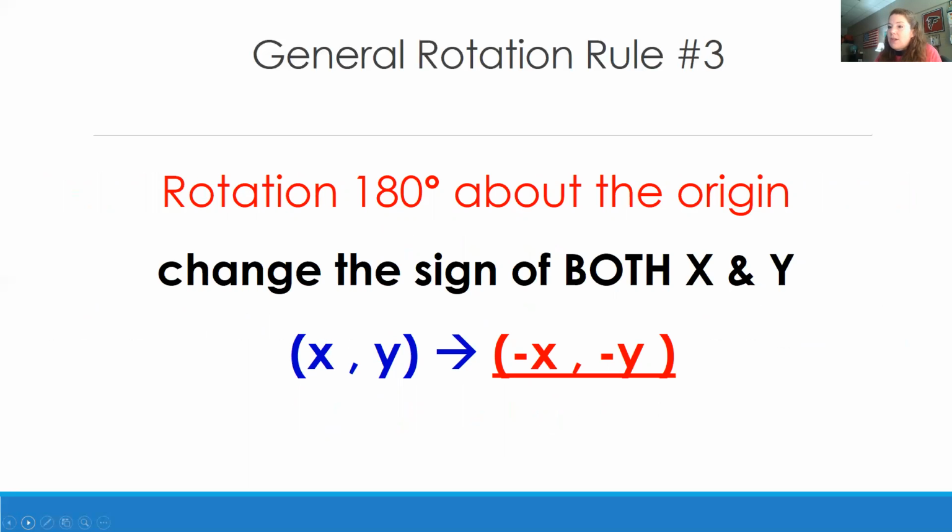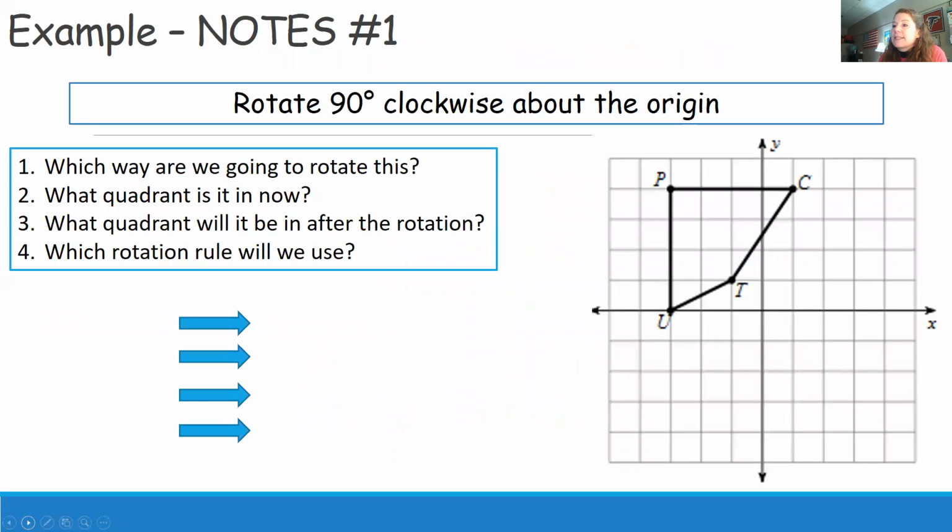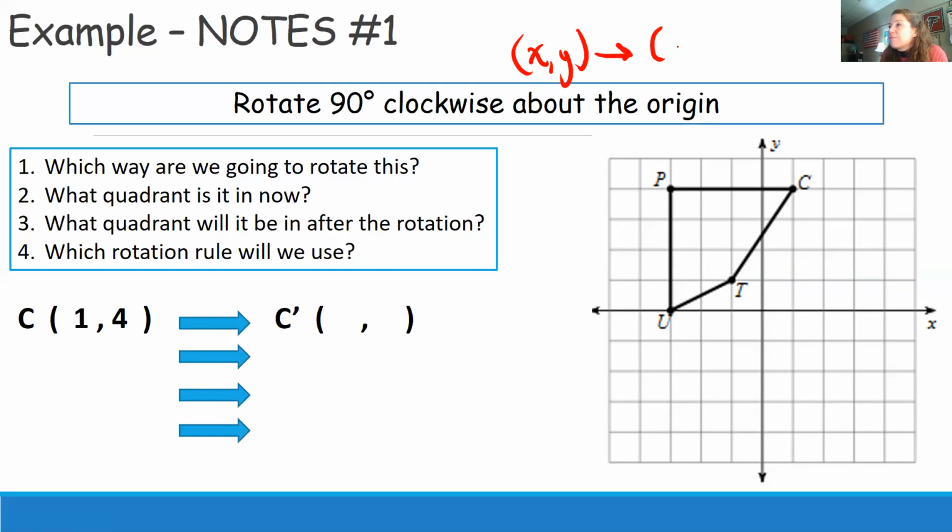All right, now how are these going to help us? Well, let's look at this first figure. We have point C at 1, 4, and we're going to go 90 degrees clockwise. I just wrote down the rule: for clockwise, our two numbers change positions, and the x changes signs.